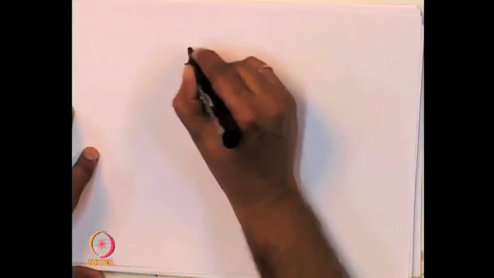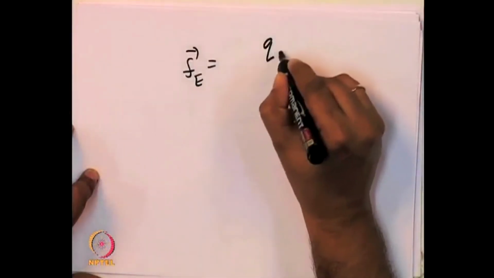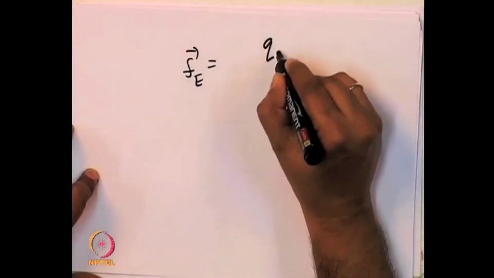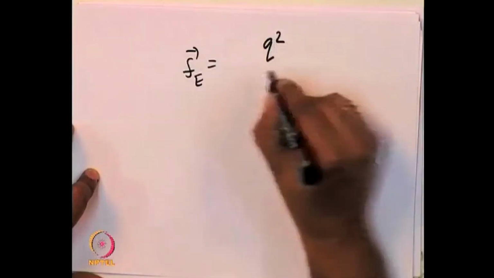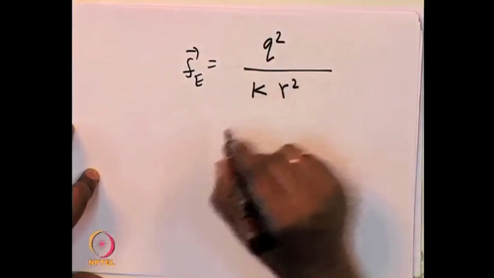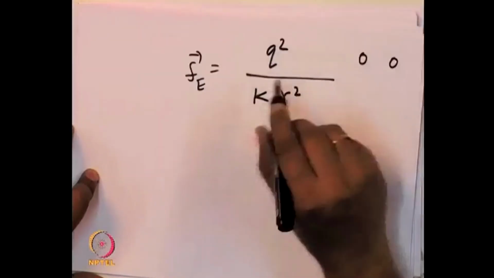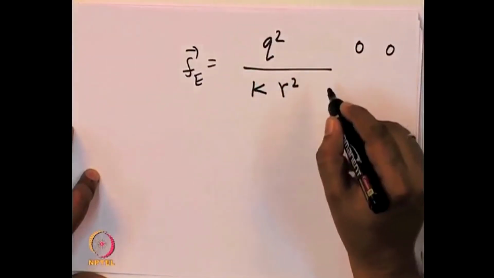From Coulomb's law, we know that the Coulomb force, if you have two charges q, is q squared by k r squared.